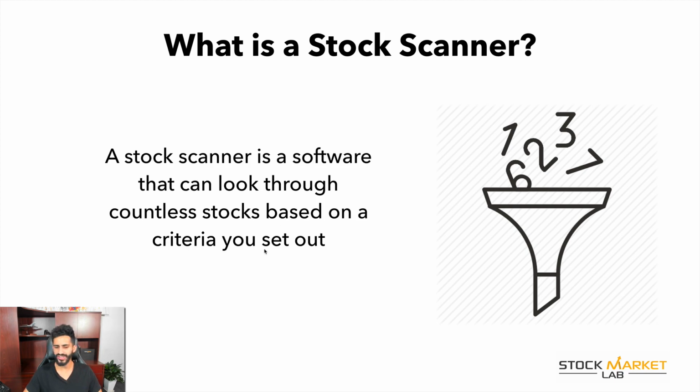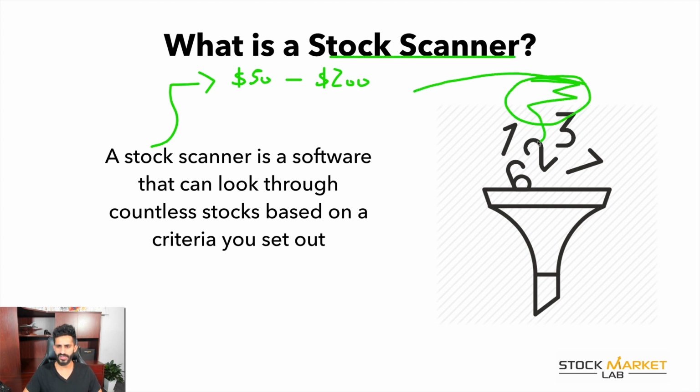So for example, let's say I want to scan for stocks that are trading between $50 and, let's say, $200. If I put this into the stock scanner, it's going to get all the stocks in the marketplace and just give me the stocks between this price point. I can also search for volume.